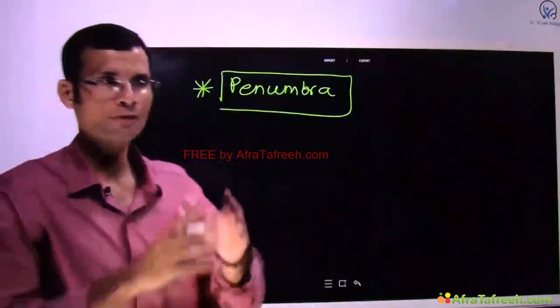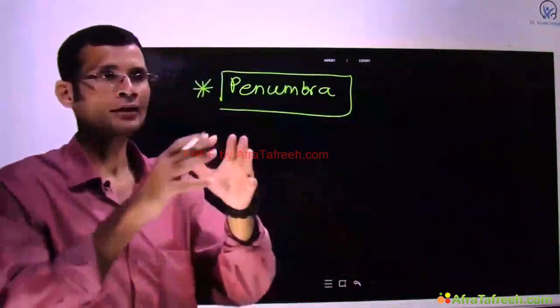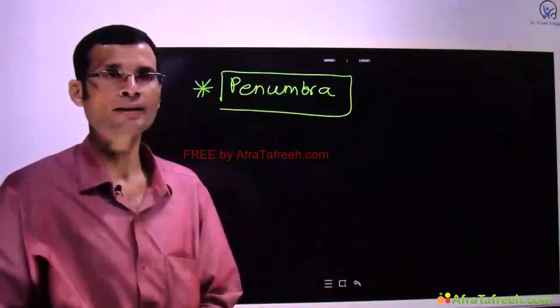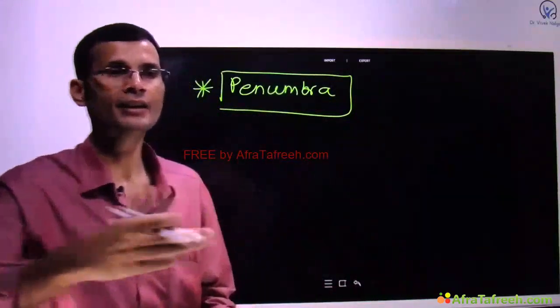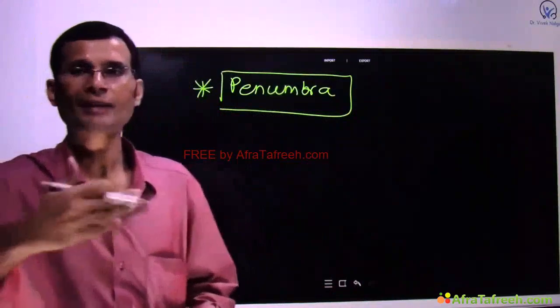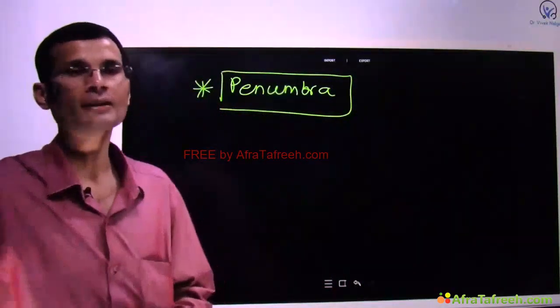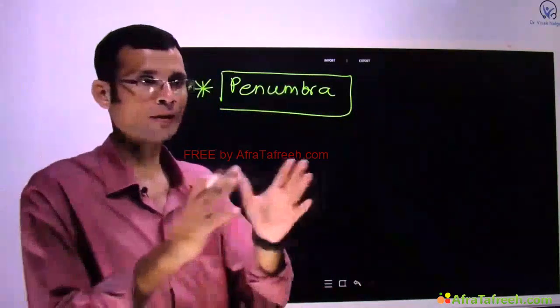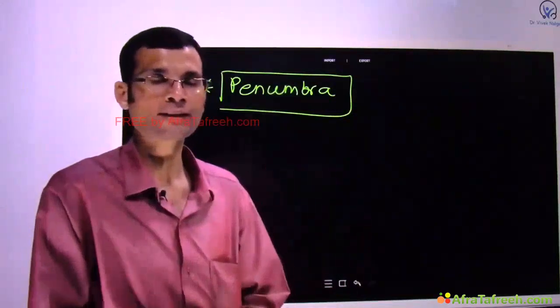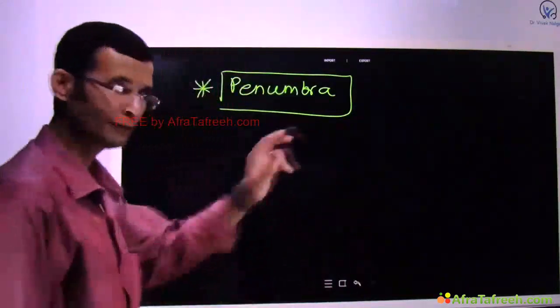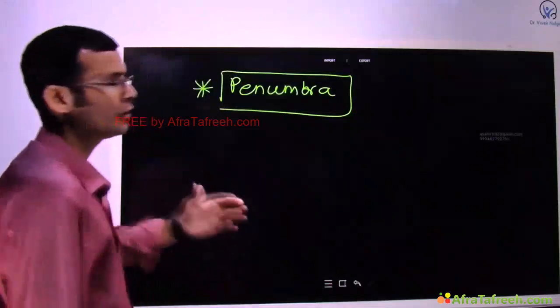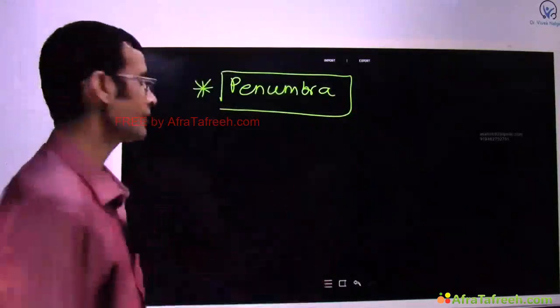If you see the shadows, there is a dense core shadow at the center, and then there are lighter shadows at the periphery. This phenomenon is called penumbra. So what is its relation here in the CNS?